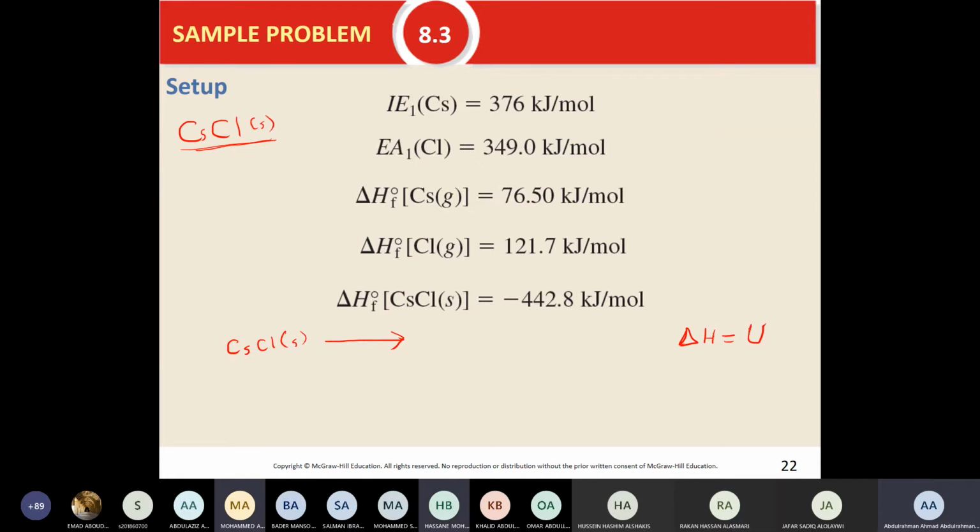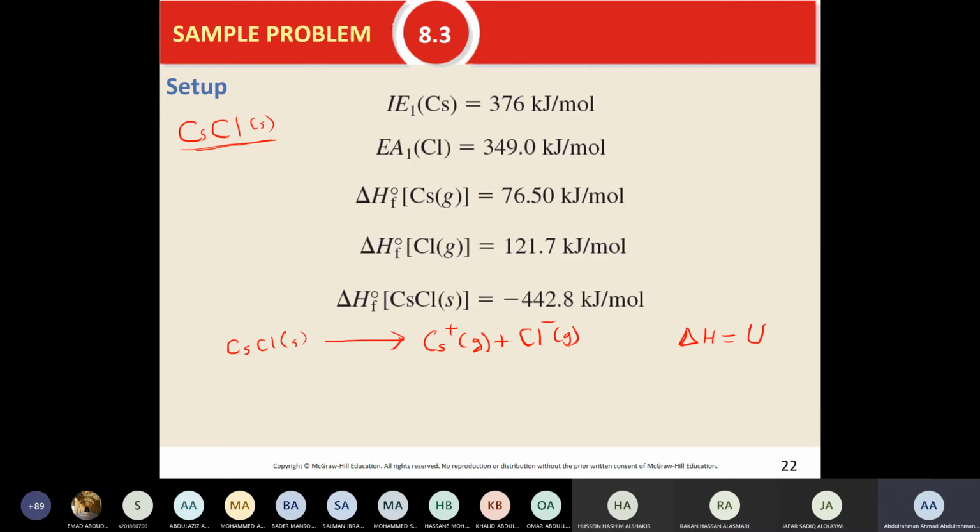Cl minus plus Cs plus, gas. Plus Cl minus. Yes, exactly. All right. Okay. I want you to write an equation to represent.